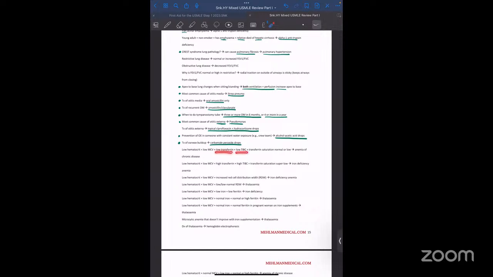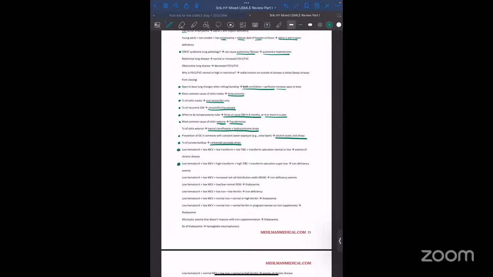Actually, transferrin is the same thing as TIBC. So low transferrin or TIBC, and transferrin saturation is normal or low. That is anemia of chronic disease.